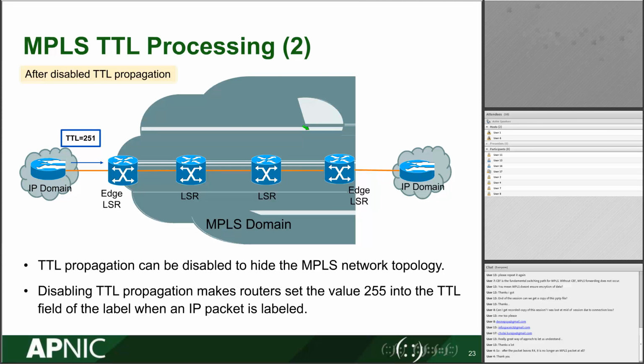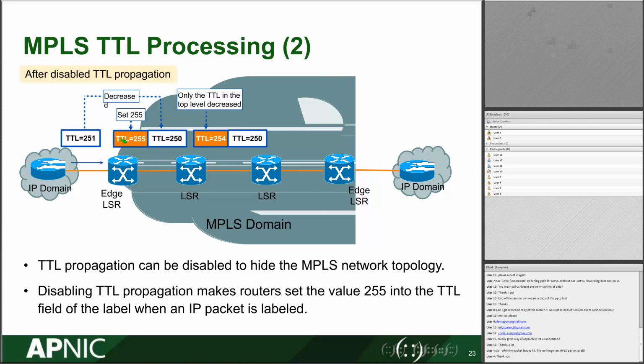So what can we do? In the MPLS domain, it will start the TTL from 255. So whatever your inside value is, I don't care. I just start from 255 when you get into the MPLS domain. So it will go from 255 to 254, and so on, while the inside stays at 250 and then decreases 1 to be 249.